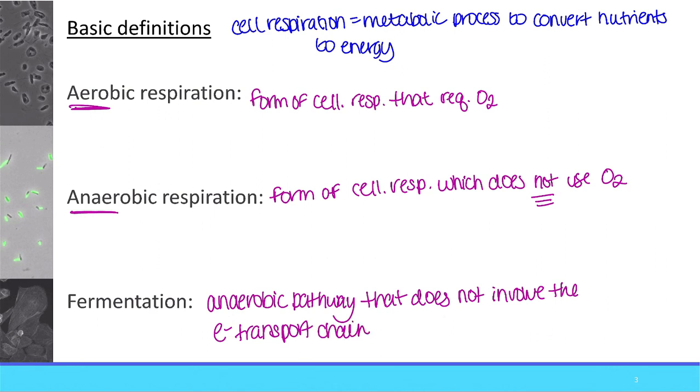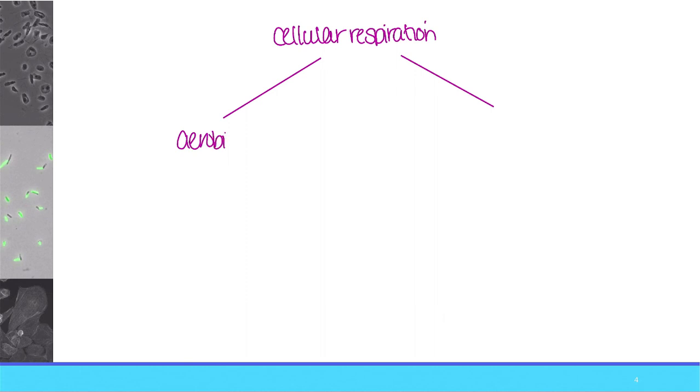Okay, so these are a lot of definitions, and on a new page here, we're going to draw a little flowchart. You all know that I like to put things pictorially or into charts that help us keep things organized. When we have cellular respiration, we can break it into two pathways: aerobic pathways and anaerobic pathways.